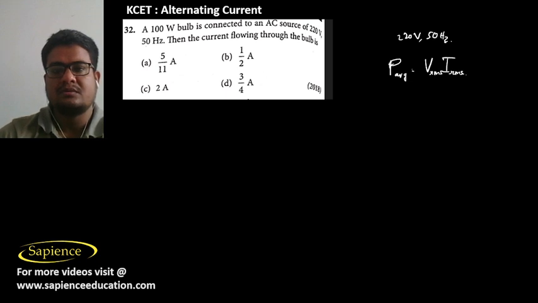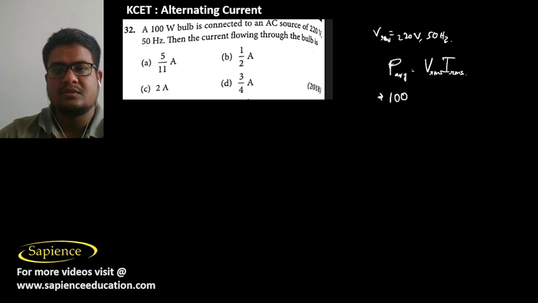Here cos phi will be 1, since the bulb is connected to the AC source, only resistance. So VRMS is 220 volt, frequency is 50 hertz.